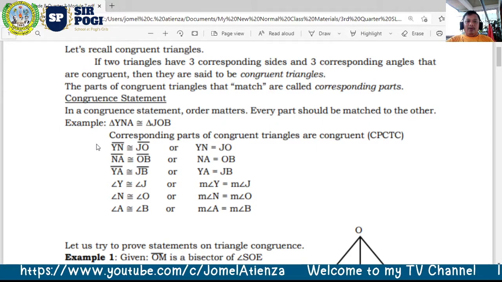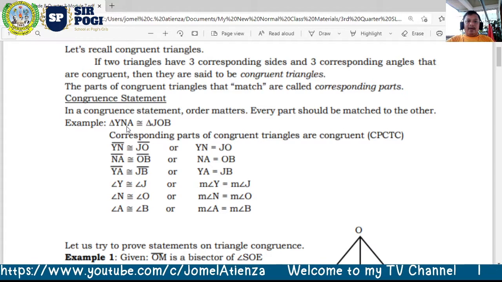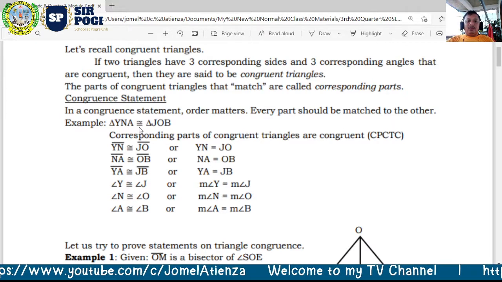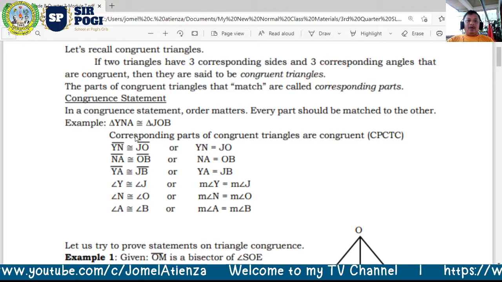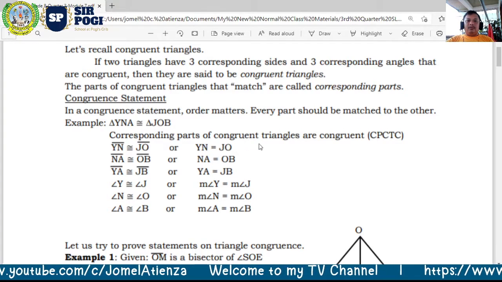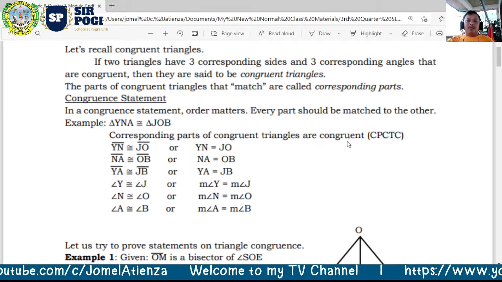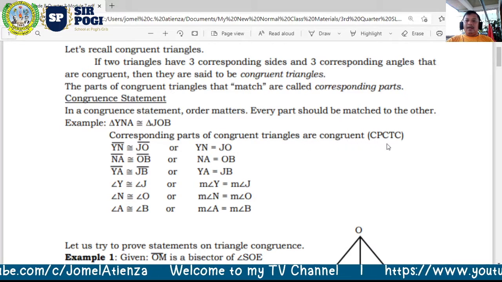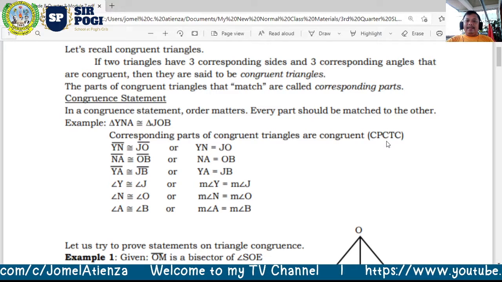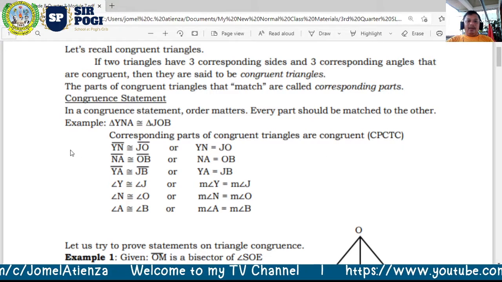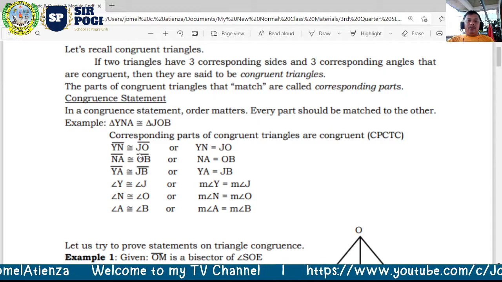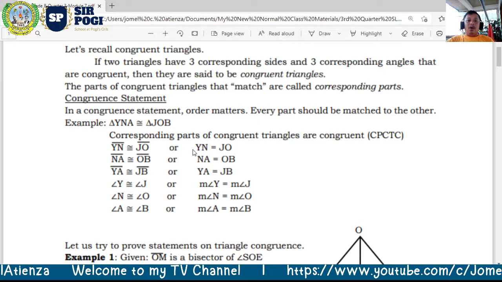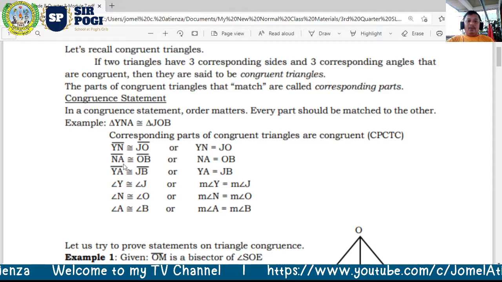So for example, we have triangle YNA, which is congruent to triangle JOB. So the corresponding parts of the congruent triangles are congruent, and that is in short CPCTC, wherein segment YN is congruent to segment JO, or YN is equal to JO.